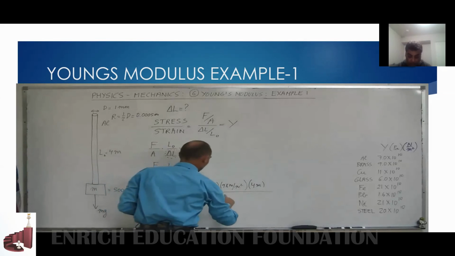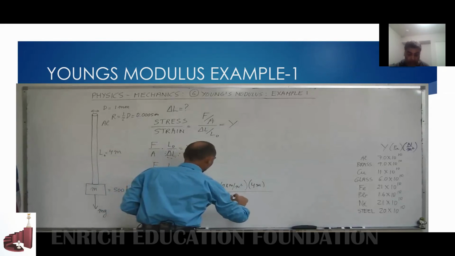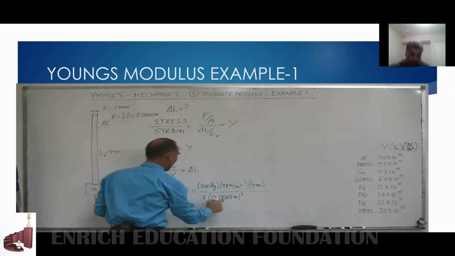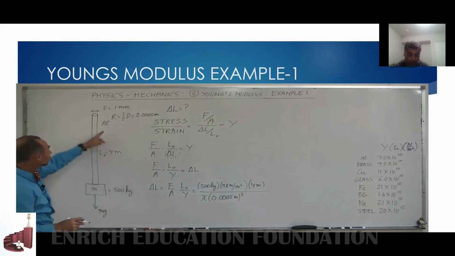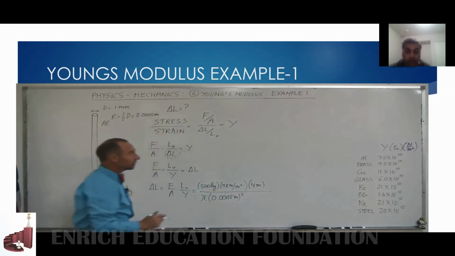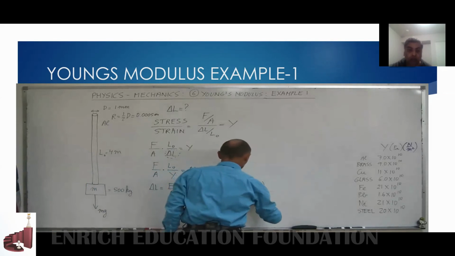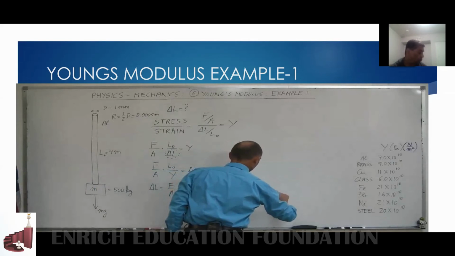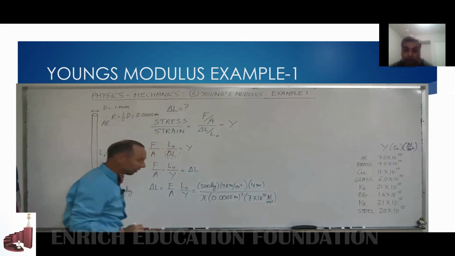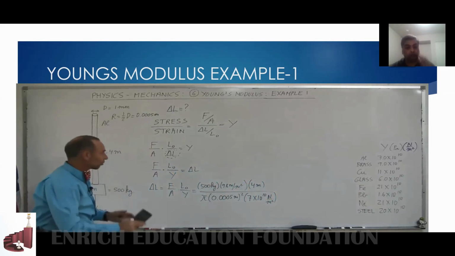So 0.0005 meters. We have to square that. That's pi r squared for the cross-sectional area. Young's modulus, it being aluminum, is 7 times 10 to the 10th newtons per square meter. All right, that will give us a change in length in terms of meters.